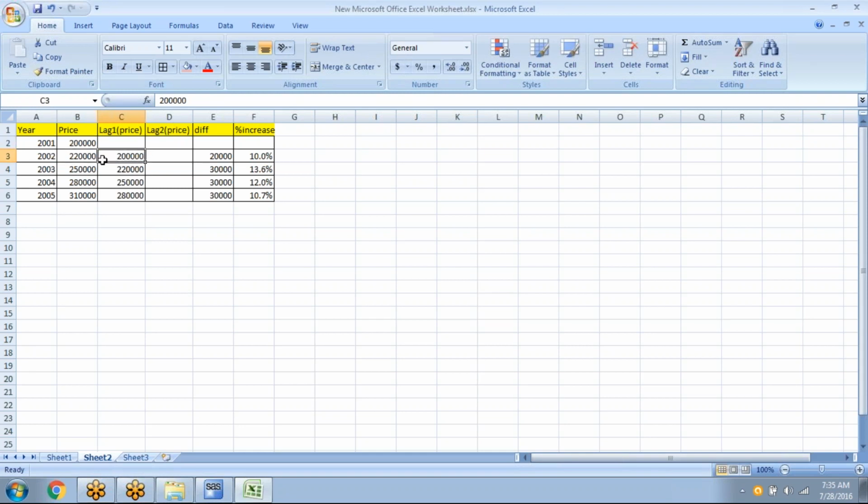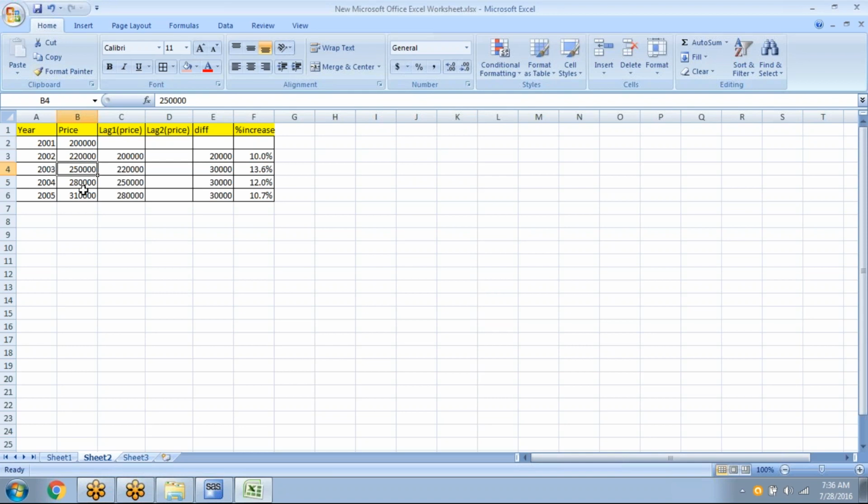If you say lag 2 of value, it has to move two values prior to this 220,000. Do we have two records prior to this $220,000? We don't have anything, so we will not get any value here. Here also you will not get any values because we don't have any previous values prior to this $200,000.